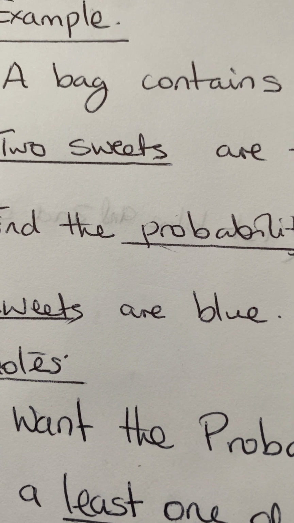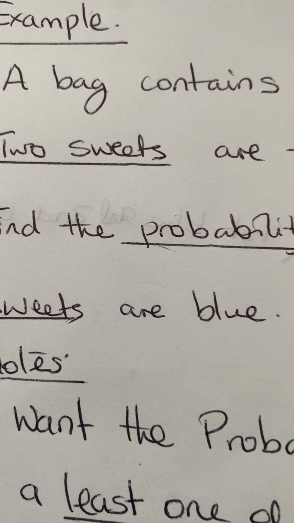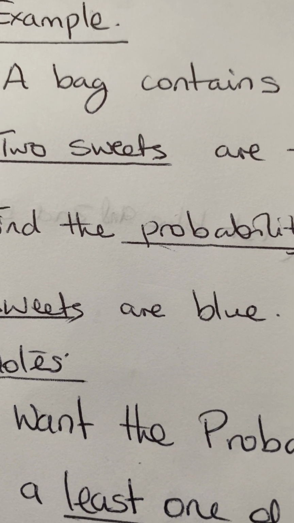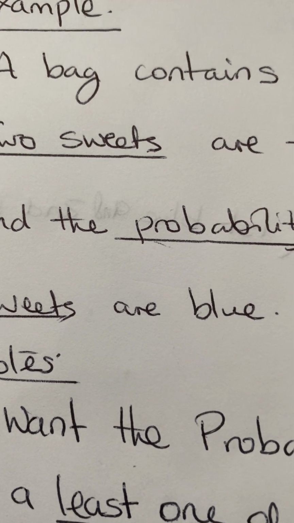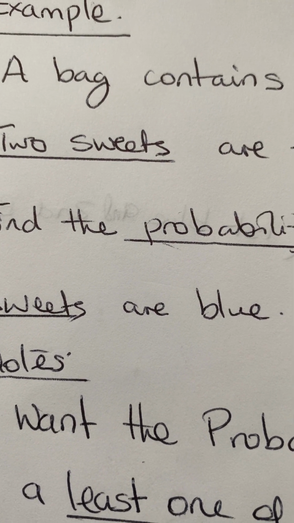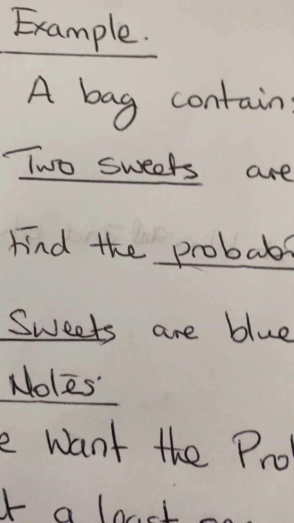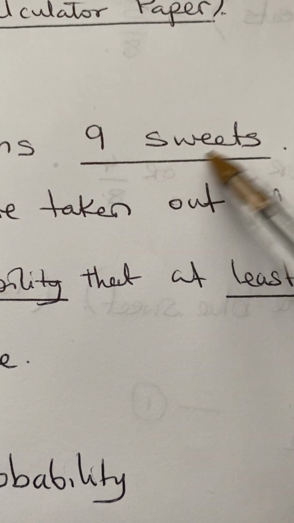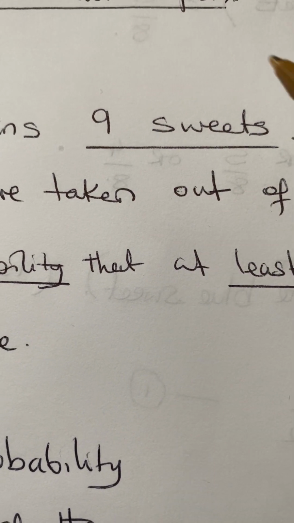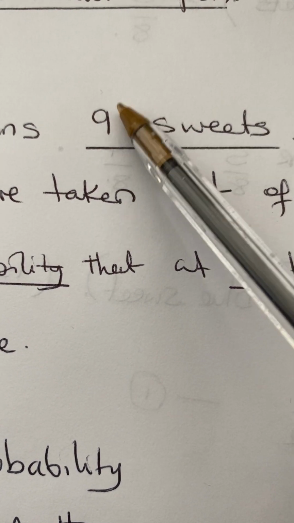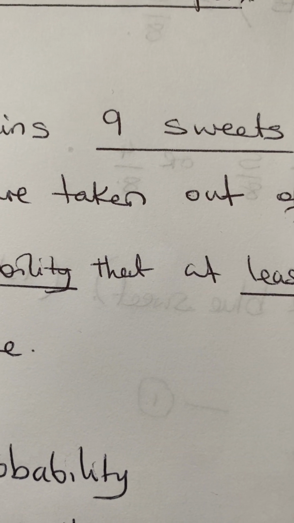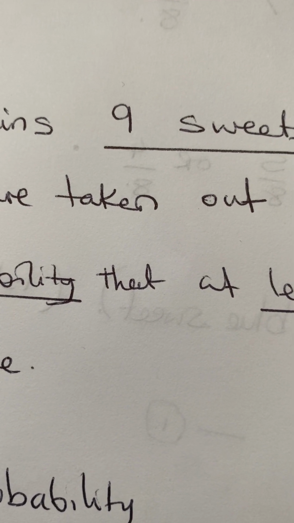And it can also be that the first one was non-blue and the second one was blue. We looked at this question yesterday, but because I've seen similar questions, I decided to bring it here. The sweets are 9. It can be 7 sweets, it can be 11 sweets. Whatever they are, the first pick will be over 9, so the second pick will be over 8.